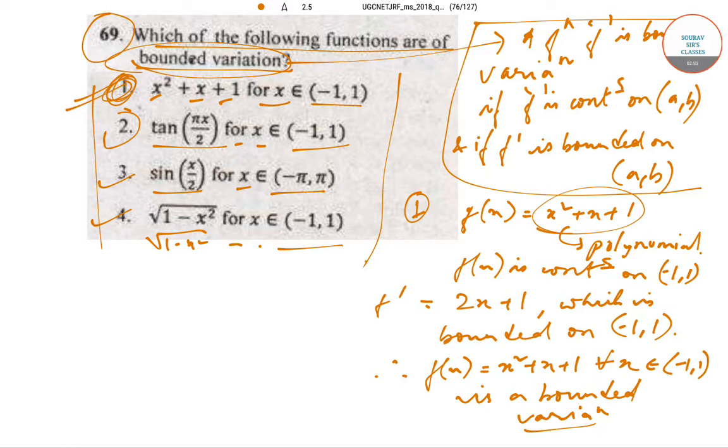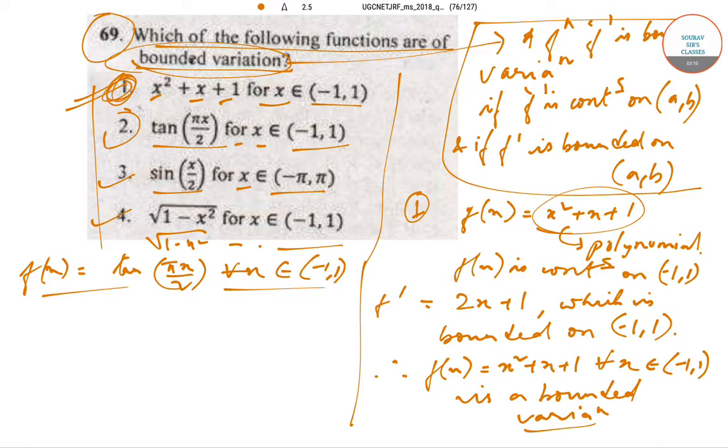Now in option 2 it has been said that f of x is equal to tan of pi x by 2 for all x belonging to minus 1 to 1. We have to check whether in this interval f of x is of bounded variation.